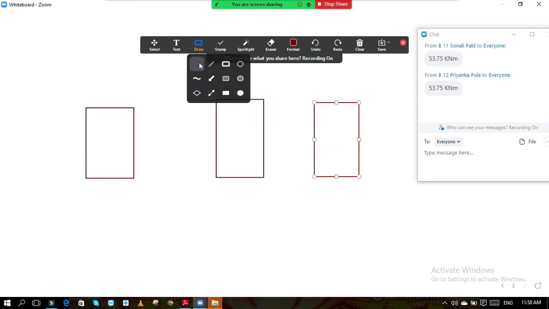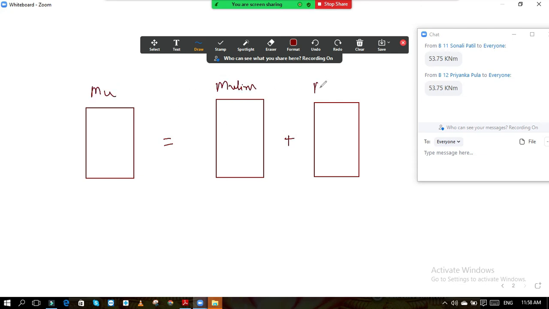And this is equal to this plus this. This is your Mu, this is your Mu limiting, and this is your Mu2. Okay, so if I want to calculate the total Ast, then this will be Ast1 plus Ast2. Okay, so similarly, see, here it is the total tensile force Tu.